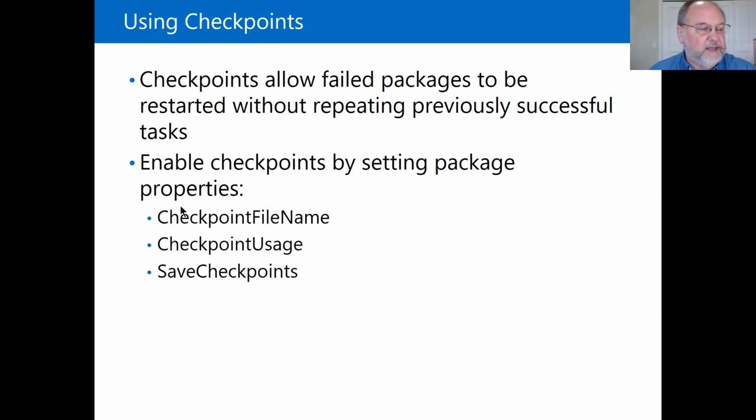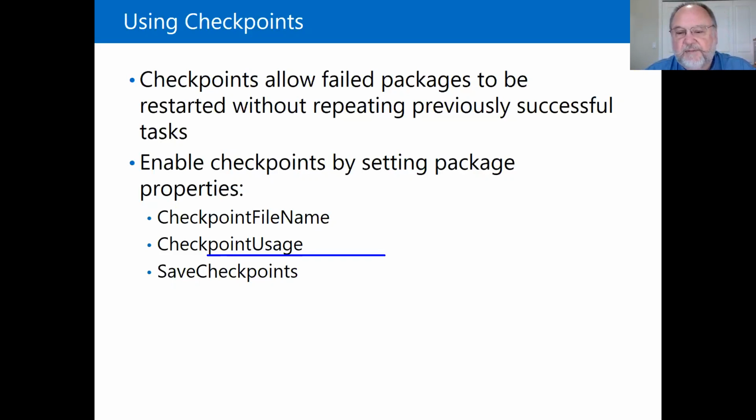Checkpoint file name is simply that, the file name of that text file, including the location where it's going to be. And then checkpoint usage is a little weird. Got to be honest with you, this one throws you. There are 3 possible settings for checkpoint usage: always, never, and if exists.